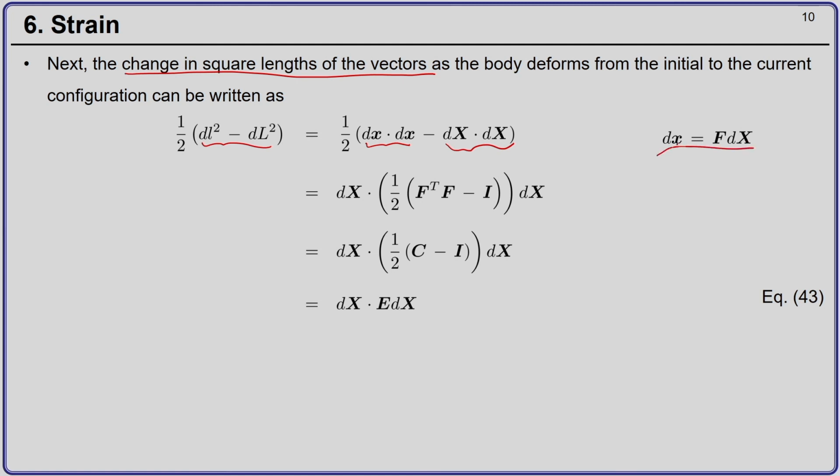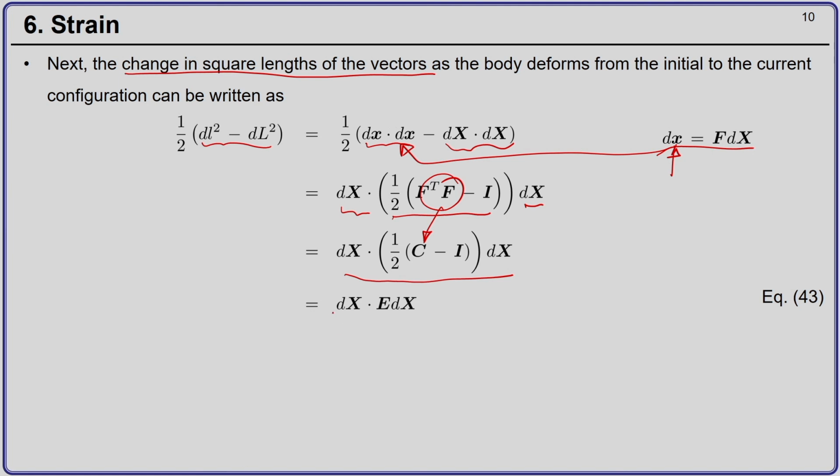So, I can substitute spatial vector dx in terms of F dX here, and I can get dX dot 1 by 2 F transpose F minus I into dX. And I can recognize this term, F transpose F is nothing but the right Cauchy-Green tensor C. So, now I have dX dot 1 by 2 C minus I dX, and 1 by 2 C minus I I had defined in the previous slides as the Green-Lagrange strain tensor E.